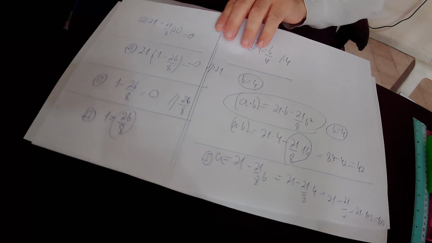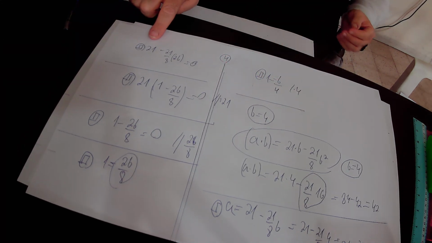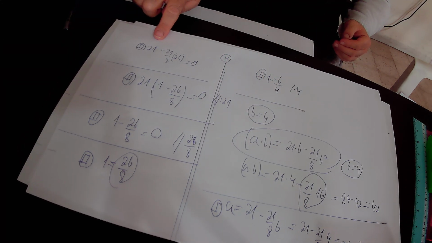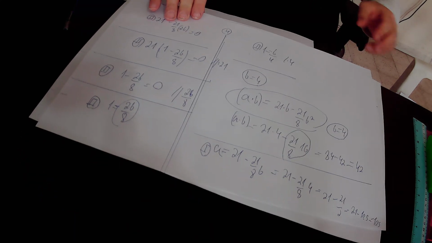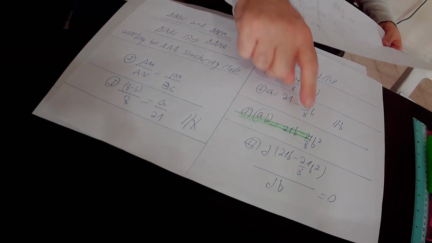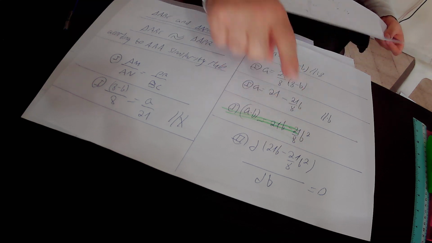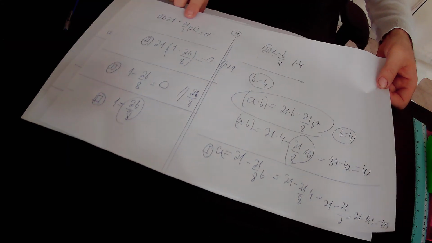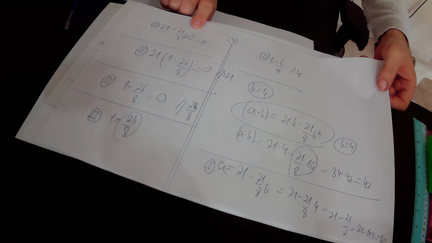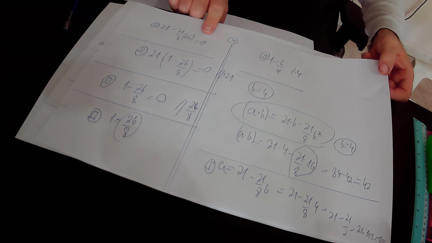Repeat again: the derivative of 21B is 21, and the derivative of minus 21 over 8 times B squared is minus 21 over 8 times 2B, and it equals 0.